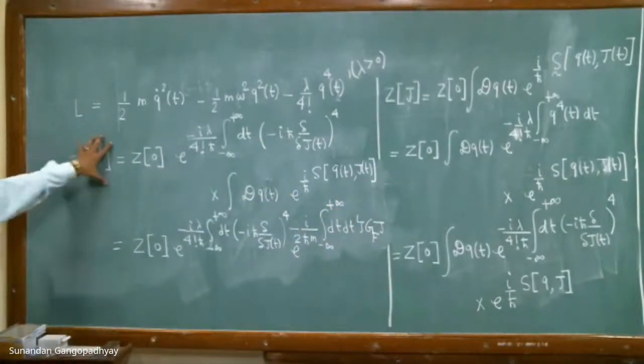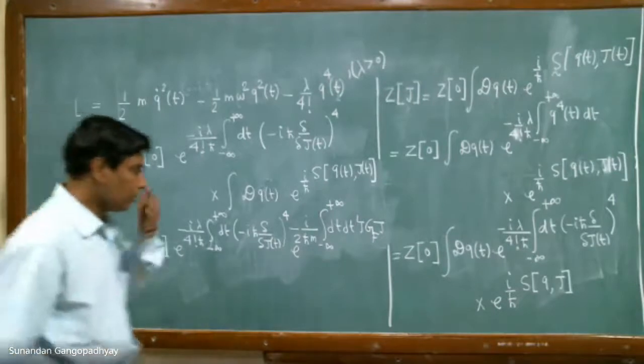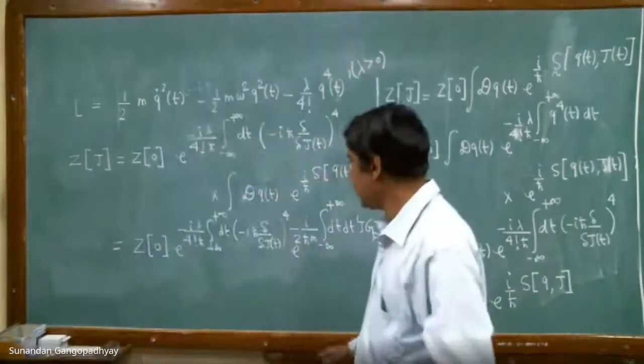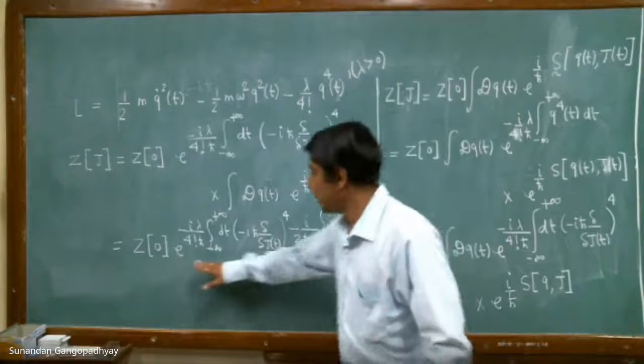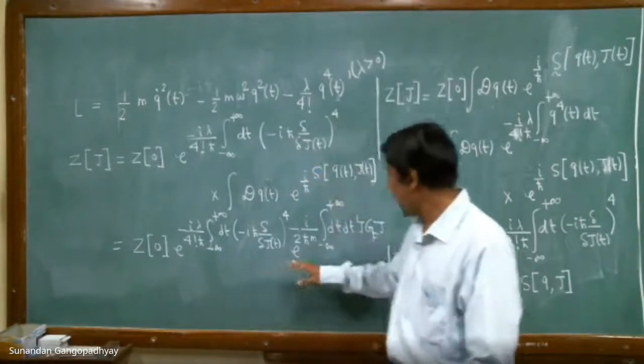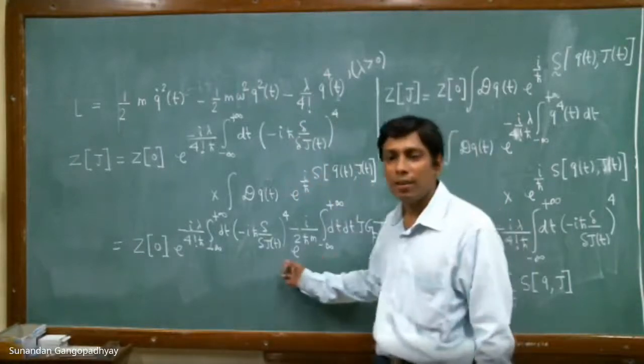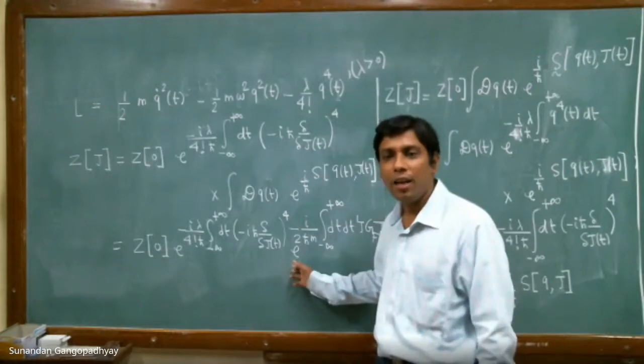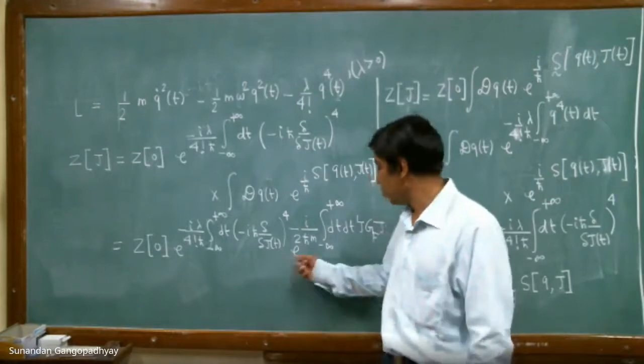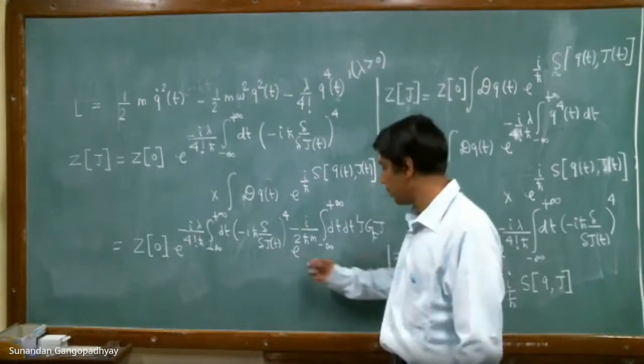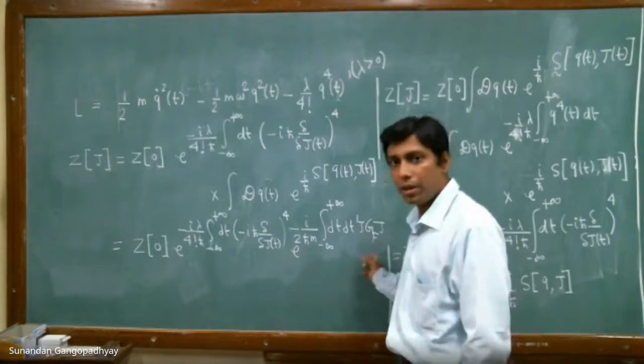Therefore, the generating functional for the anharmonic oscillator is basically nothing but this operator acting on the generating functional for the free theory. So you know the free theory result, which we have already derived.